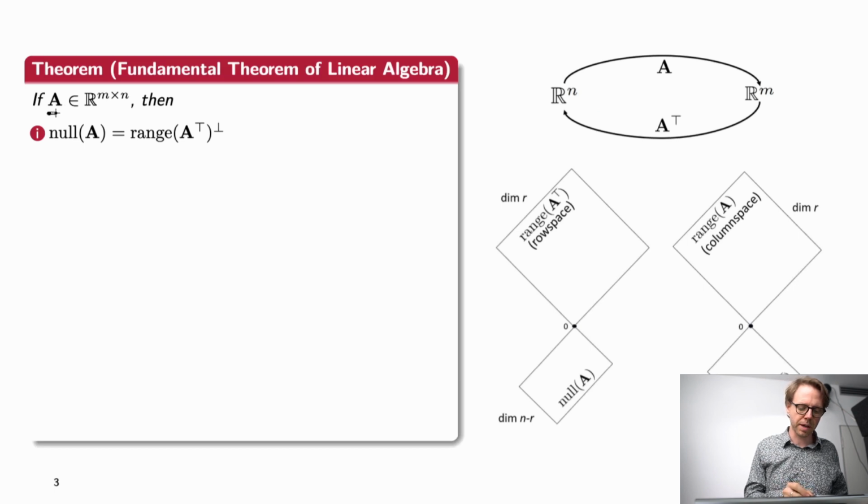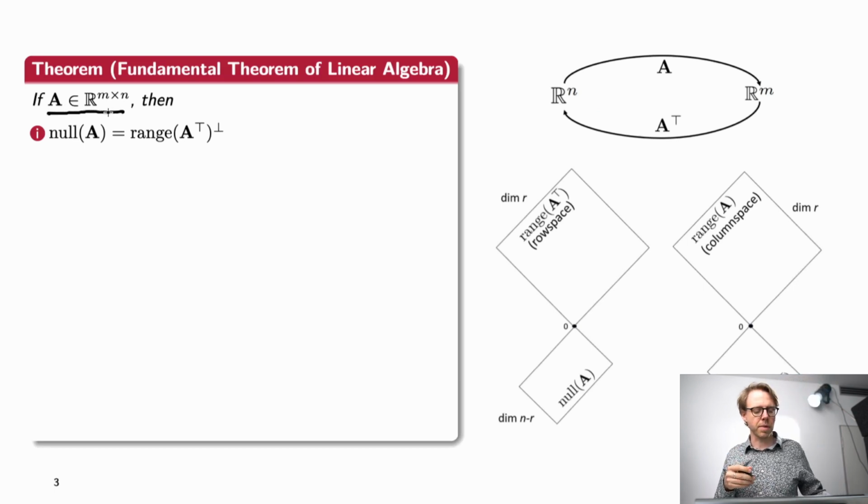Now that we have set the stage and know what we're talking about, so we're using a matrix A to do a linear transform from Rn to Rm, we can discuss now the fundamental theorem of linear algebra. So if the matrix A is such an M by N matrix that forms this linear transform from Rn to Rm, then we can state certain things.